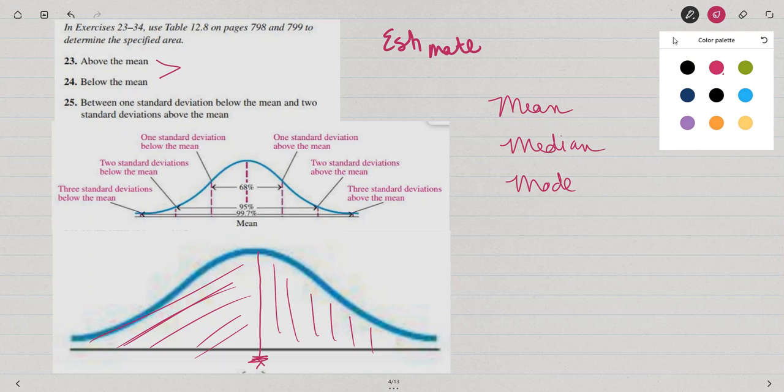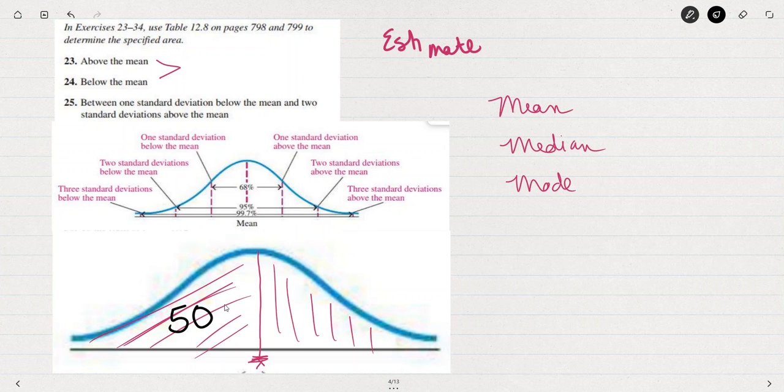So I can answer question 23 and 24 with 50%. So you could say 0.5.